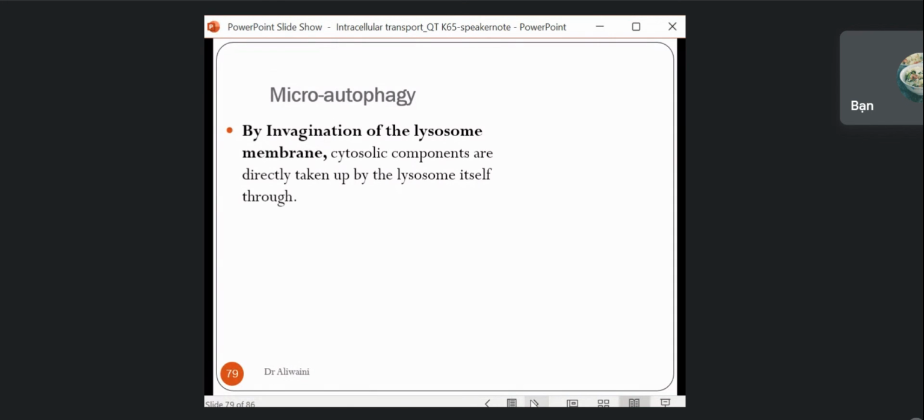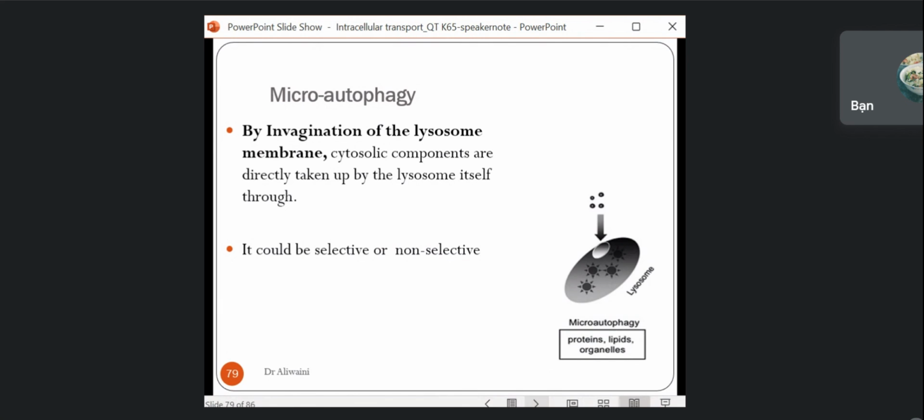For microautophagy, the structure is formed by the invagination of the lysosome membrane. The cytosolic components are directly taken up by the lysosome itself, and it could be selective or non-selective.